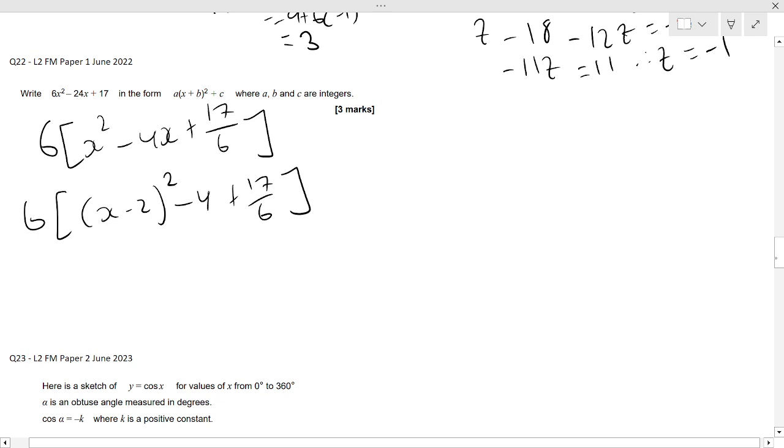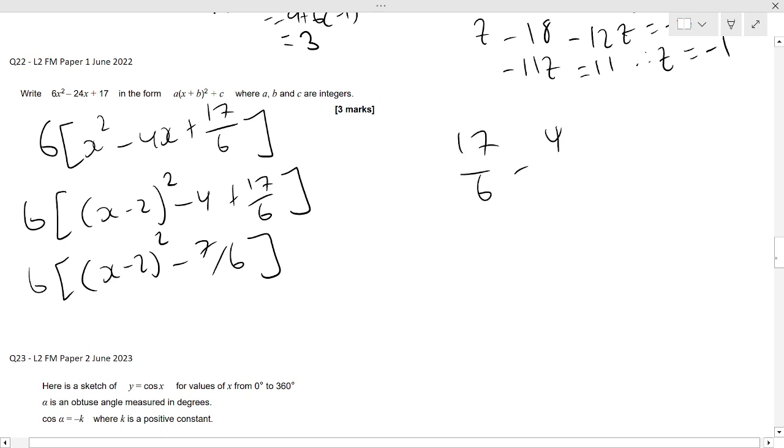And then we can simplify it in the bracket a little bit. So that's going to be 6 lots of x minus 2 squared, and 17 over 6 minus 4 is actually minus 7 over 6. If you were without a calculator, well, 17 over 6 minus 4, that's minus 4 over 1, really.